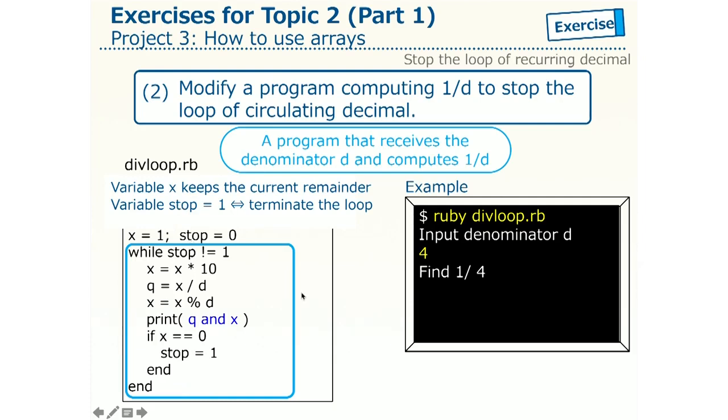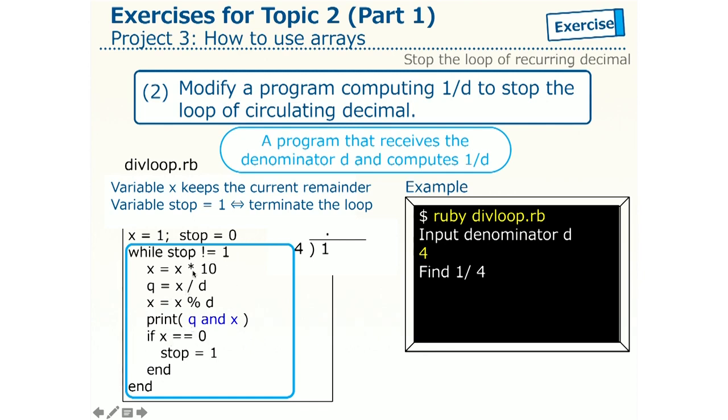Let us continue this execution example and then trace the computation of this blue part. In this execution, we want to compute 1 over d, that is 1 divided by 4. So let's start this blue part with x equal to 1 and stop equal to 0. First, check this while condition. Because the value of stop is 0 now, and it is not equal to 1, this condition holds. So we execute the first round of this while loop.